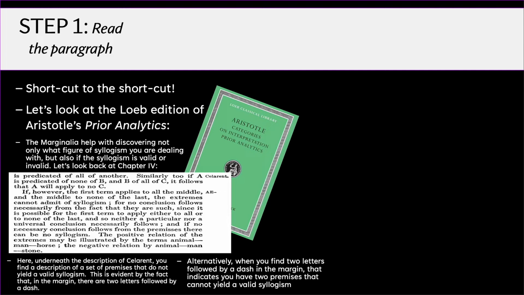This one's corresponding to the paragraph below the paragraph that corresponds to Celarent. In the margins, we find the letters A and then E followed by a dash. That tells you that what's in that paragraph next to those letters is an invalid syllogism, something that does not yield a conclusion necessarily.